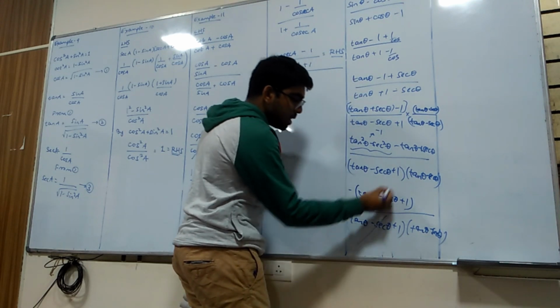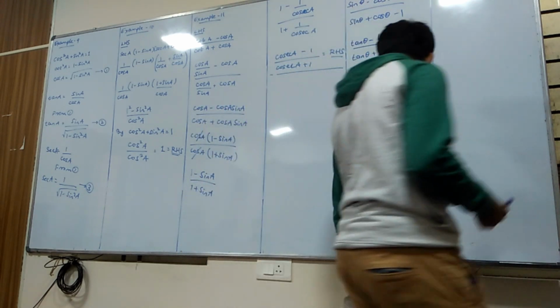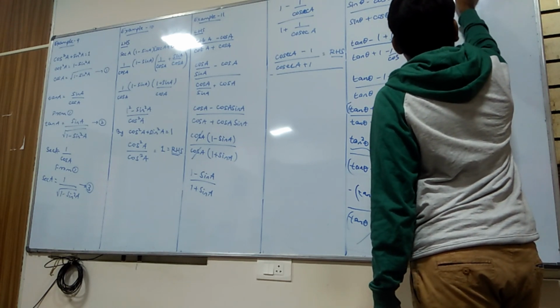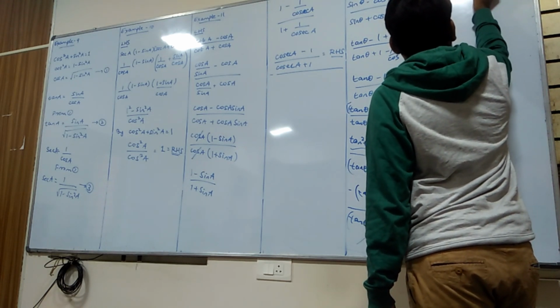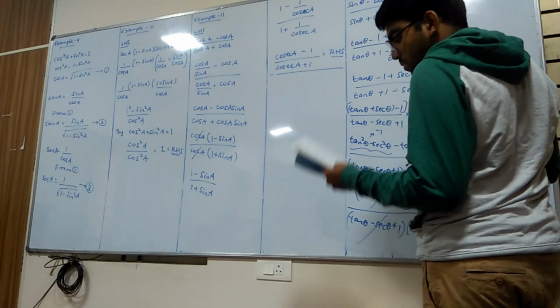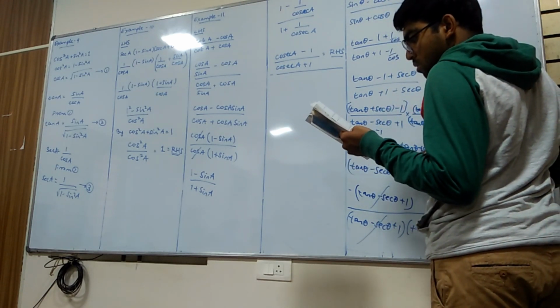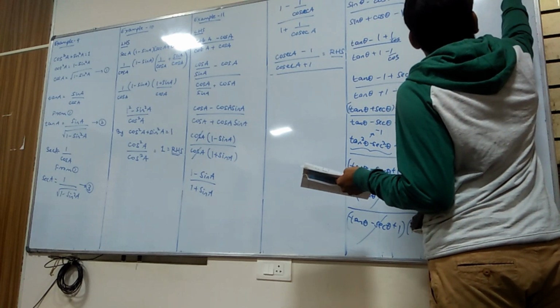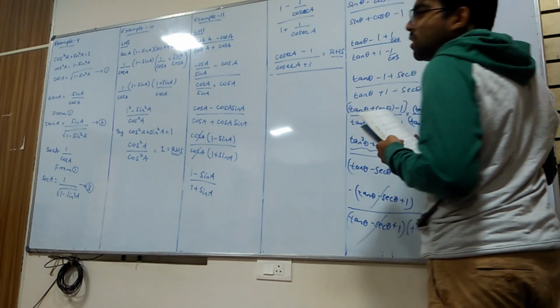Here also it is there, here also it is there. Cancel it. So 1 divided by secant theta minus tan theta. Yeah, we got it right. This is my argument.